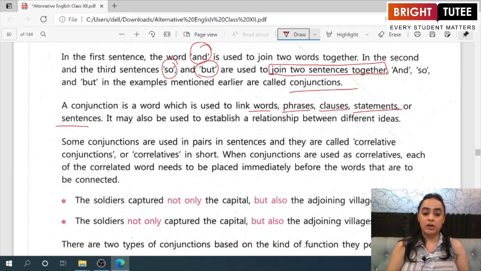Now, some conjunctions are used in pairs in a sentence, and such conjunctions are called correlative conjunctions or only correlatives. So, correlative conjunctions or correlatives are those joining words which are always used in pairs.